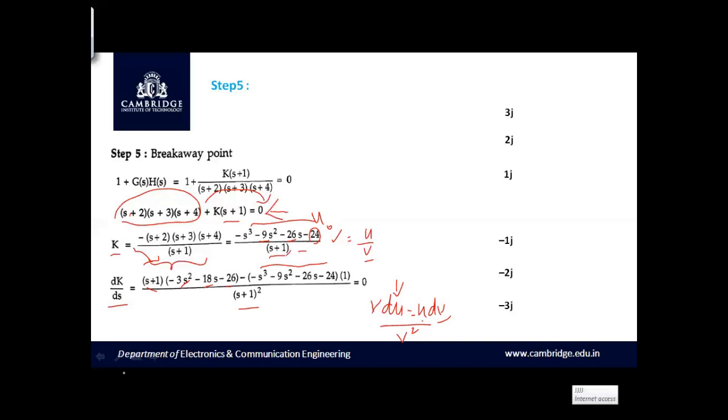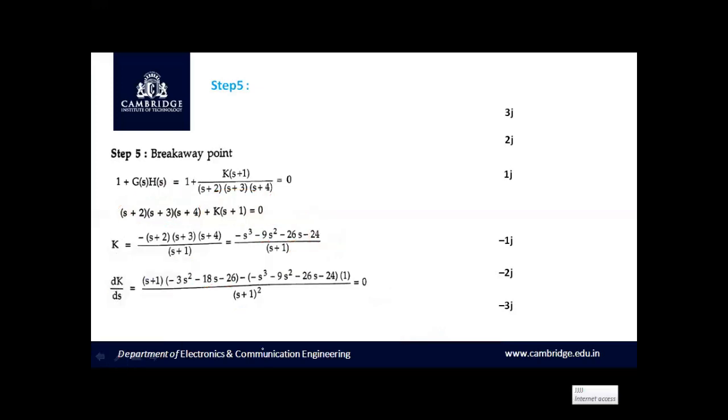And we have to equate dK by ds equal to 0. Taking (s plus 1) the whole square to the right hand side, it becomes 0. Therefore, for the simplification, I get the expression as minus 3s square minus 18s minus 26 times... minus 3s cube minus 18s square minus 26s minus 26 plus s cube plus 9s square plus 26s plus 24 equal to 0.